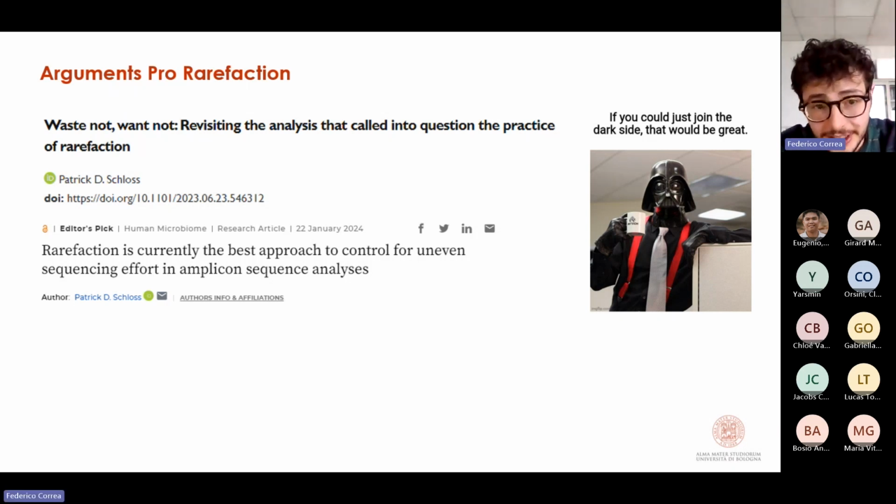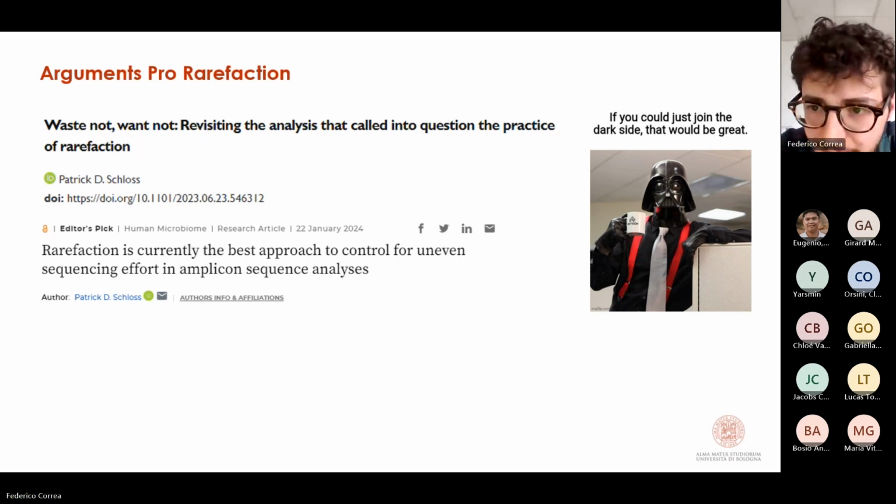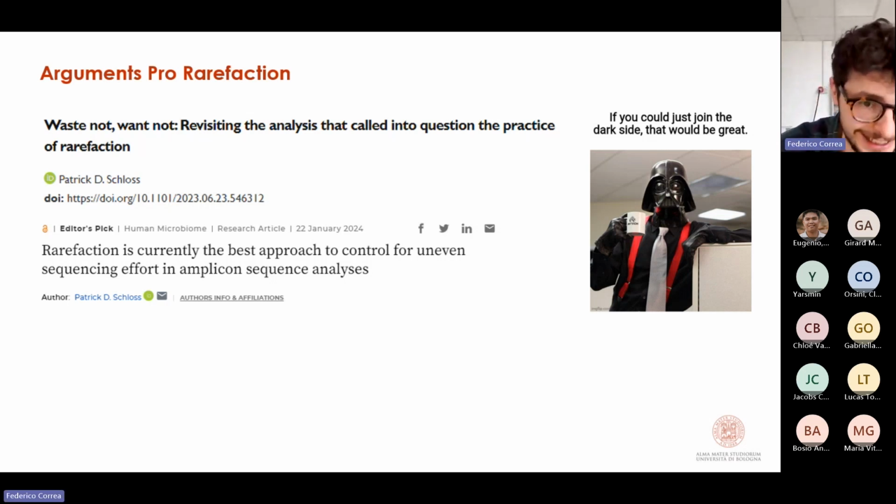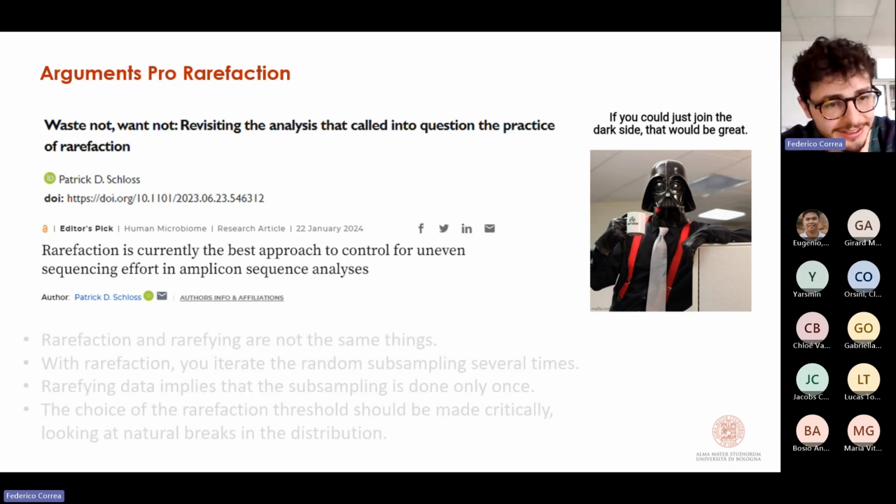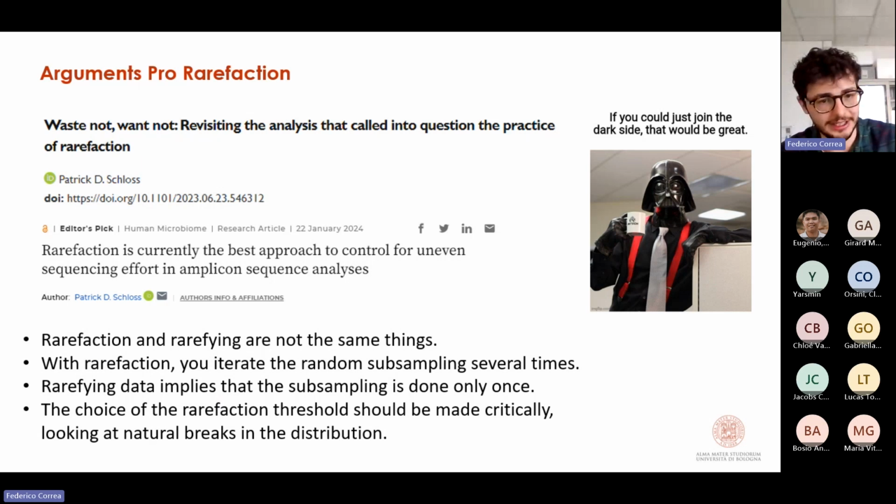Here, the authors basically took all the datasets and remade the analysis and found some, I will not say error, but misunderstanding, let's say. The big misunderstanding is the difference between rarefaction and rarefying, which seem similar but are completely different.